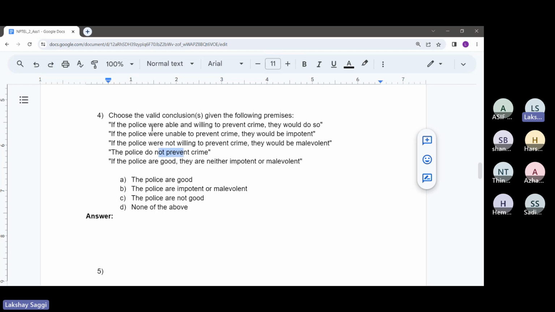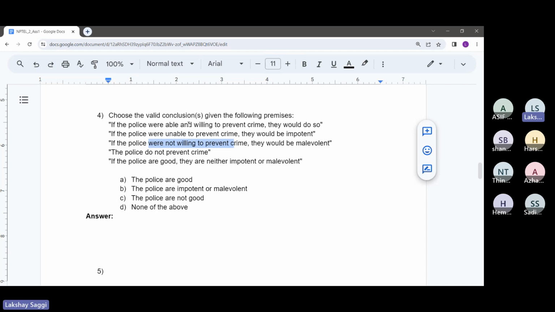So if the police do not prevent crime, there can be two reasons for this. As we can see from the other statements, police are either unable to prevent crime or not willing to prevent crime. So there can be two cases, right? Either police are unable to prevent crime or they are not willing to prevent crime.